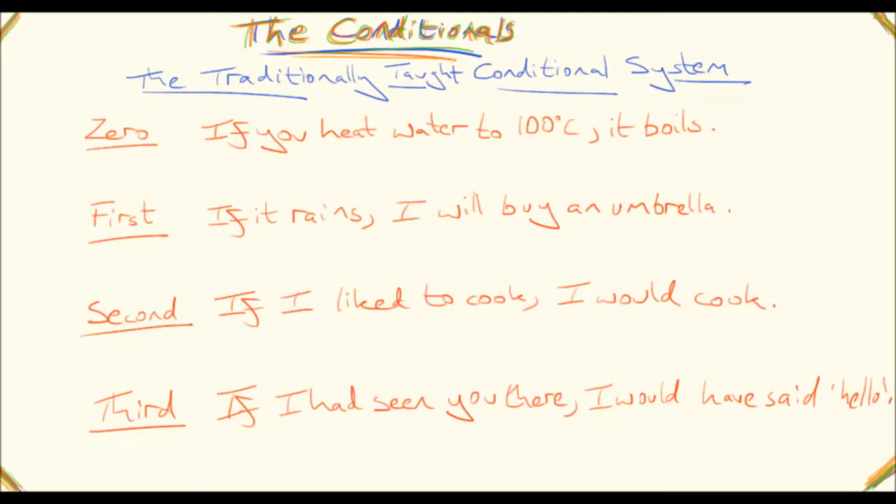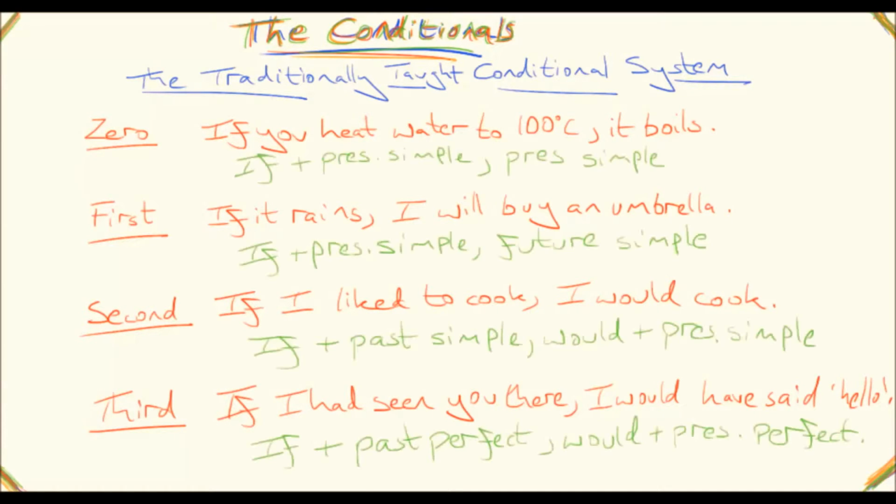And you would probably have also seen the diagram of how we create those different conditionals in English. We've got 0: if plus present simple, comma, present simple. First would be if plus present simple, comma, future simple.